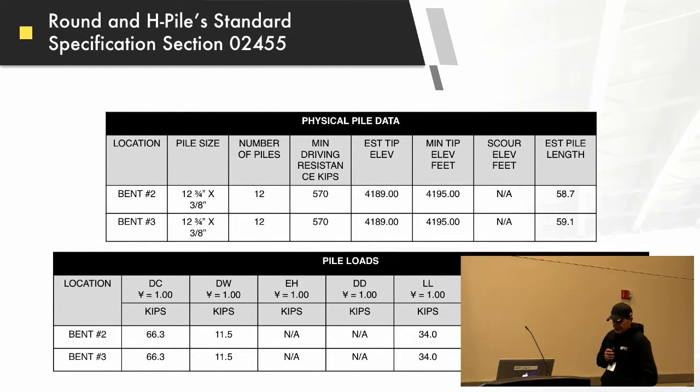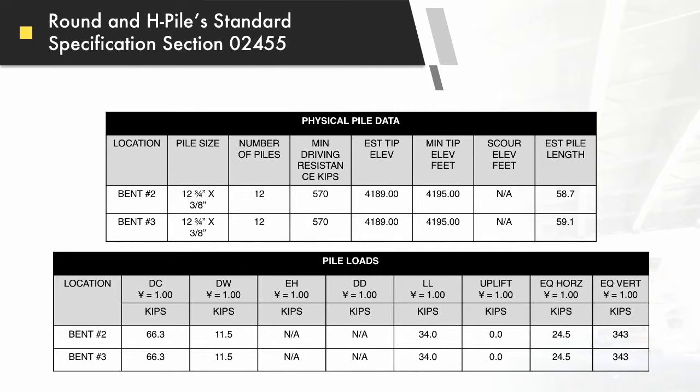In all your plan sheets, you'll find a table similar to this, and it gives you a lot of information off of the survey that you get for your alignment and elevations. Sometimes you're driving pile in a footing, or a lot now we're driving our piles and leaving them standing and then building MSE walls around them.